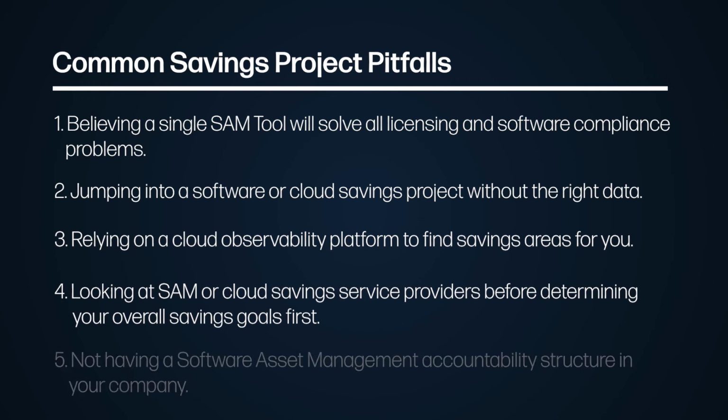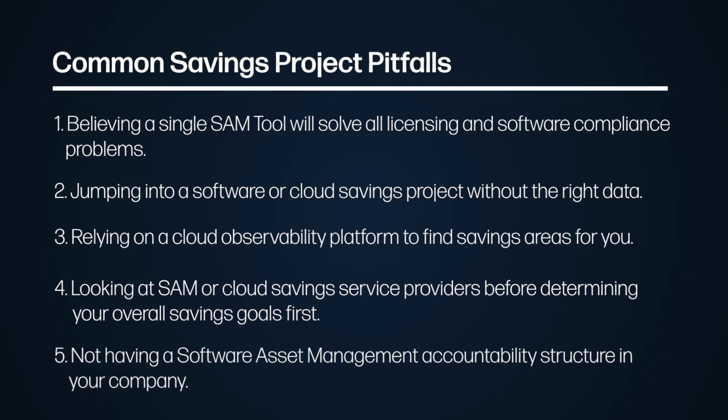And number 5, not having the proper software licensing governance and accountability structure set up before starting your SAM savings initiatives in the first place. If you're unsure who's in charge of which vendor, who manages the negotiations, and who has access to the usage data before you start your SAM or cloud savings project, you're going to have a bad time.